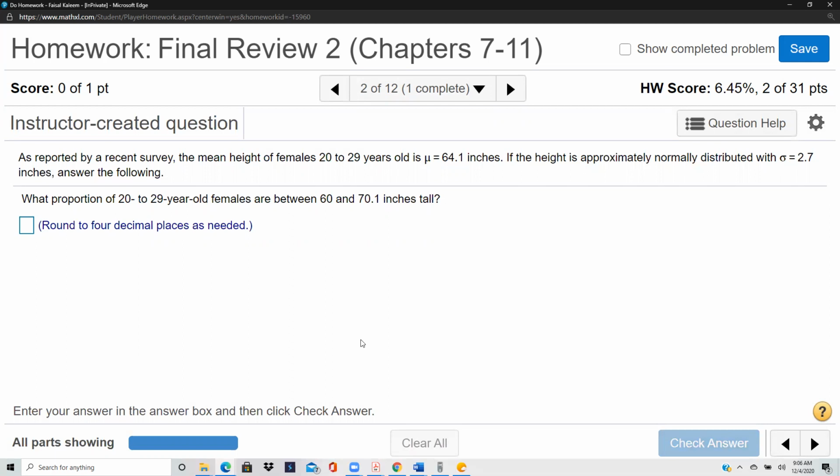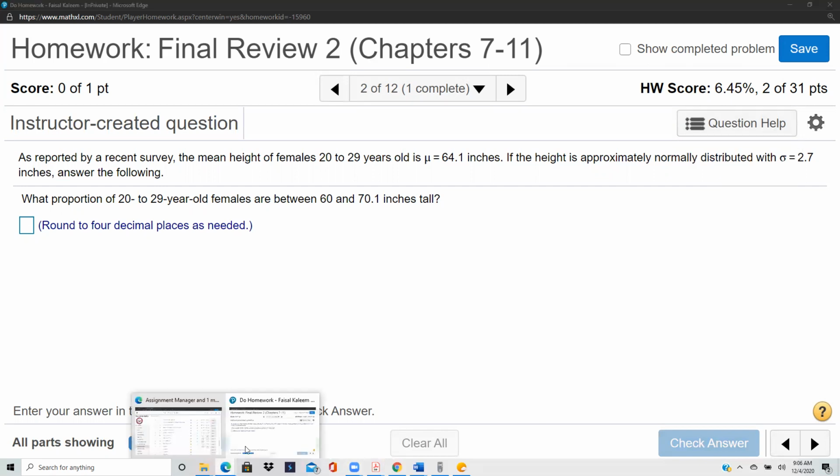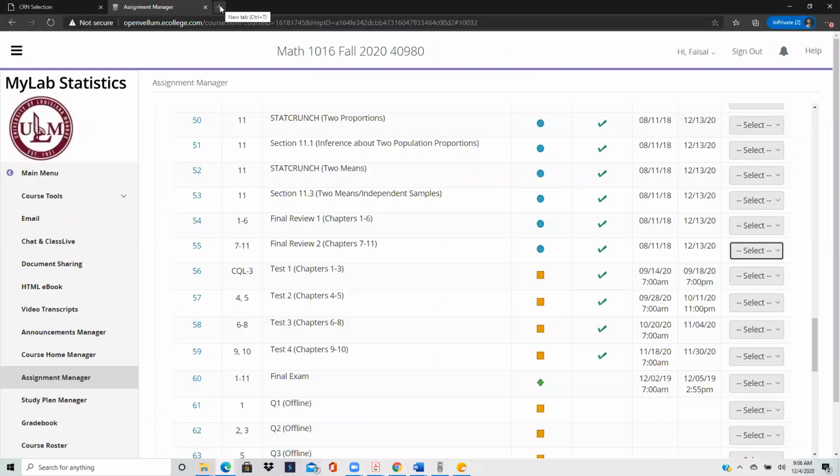Which one? And do between. All right, so which calculator? Would it be normal? Yeah, why? Because it's normally distributed. So, stats, StatCrunch.